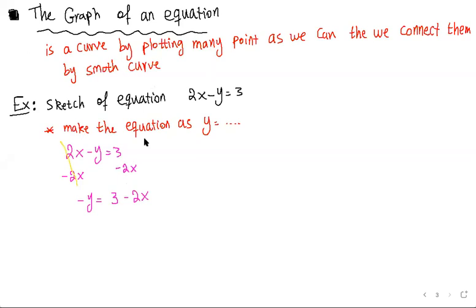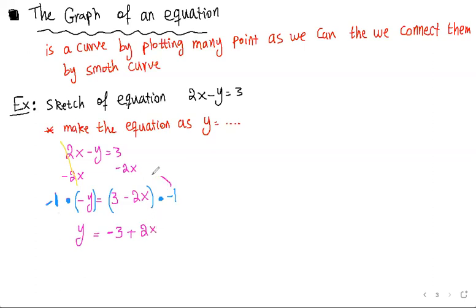Or multiply the whole equation, left hand side and right hand side, by -1. So I multiply both sides by -1. Now -1 times negative y is positive y, equal -1 times 3 is -3, and -1 times -2x is positive 2x.